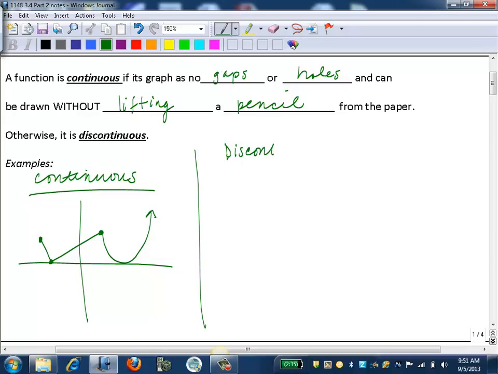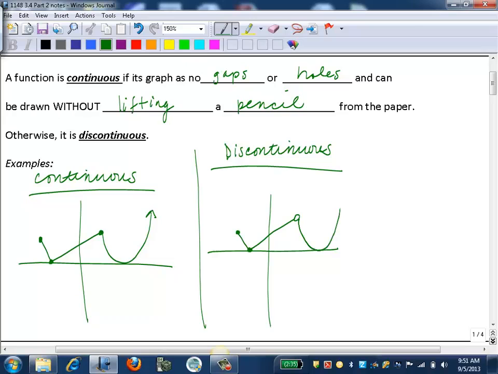Discontinuous functions would be something like this. If I took the exact shape I just sketched, this funky looking shape, but then right here, I punch a hole out of it. So at that point, that function is actually undefined.